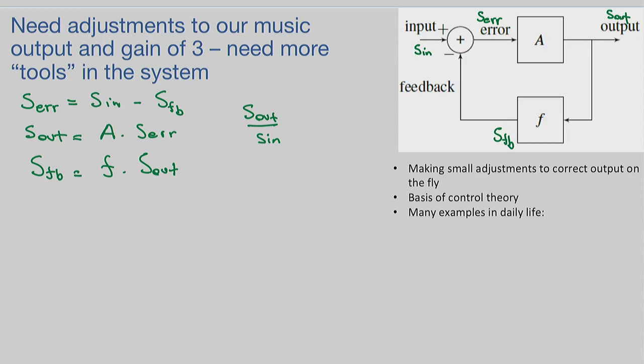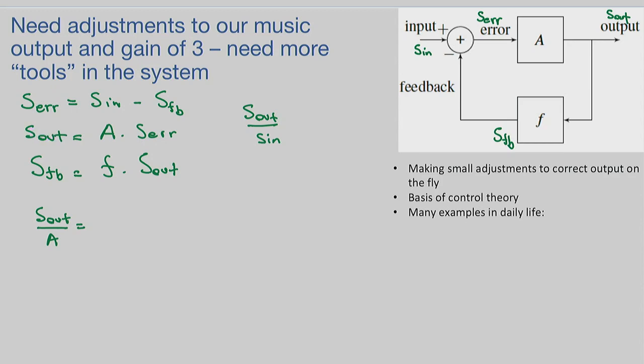So I arrange these equations to give me that in terms of things that I can control. Because if I know the dependencies in my design that are affecting my signal out, knowing my signal in, then I can make decisions in my design to control the output, which is what we want. So I'm going to write signal out over A equals signal error. I'm going to color things so you follow.